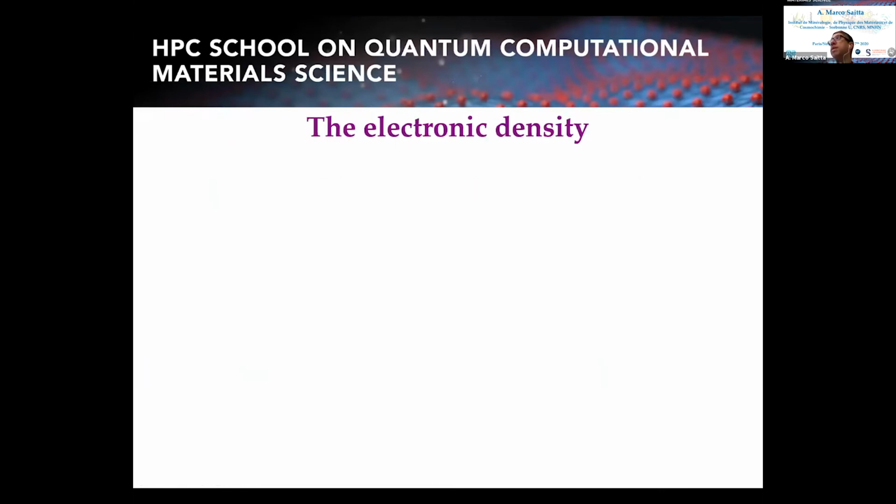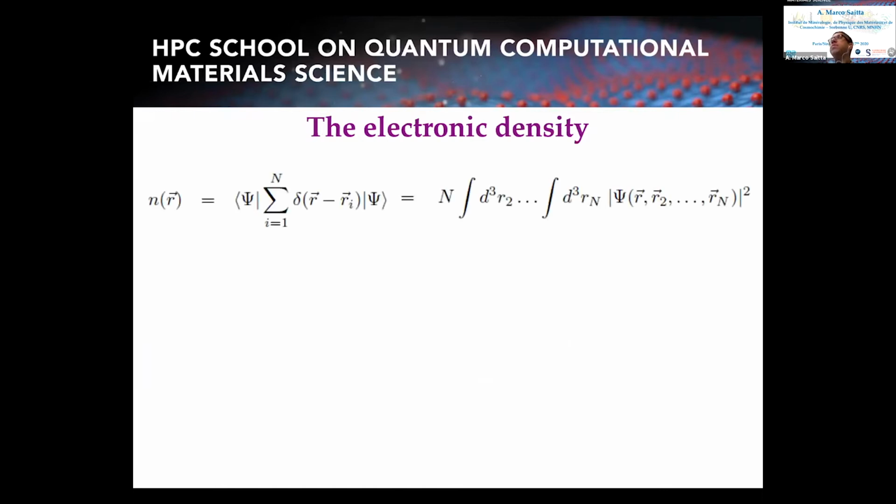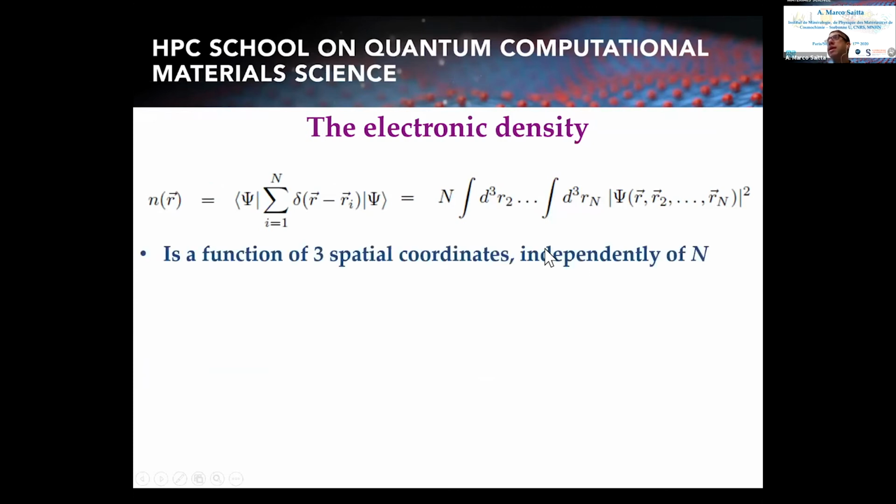So the idea of DFT is that we can use this quantity, the electron density in real space, which from the formal point of view is built as this special integral of the square modulus of the many-body wave function. The advantage of the electron density is that it only has three spatial coordinates, and the number of real space coordinates is independent of the number of electrons.